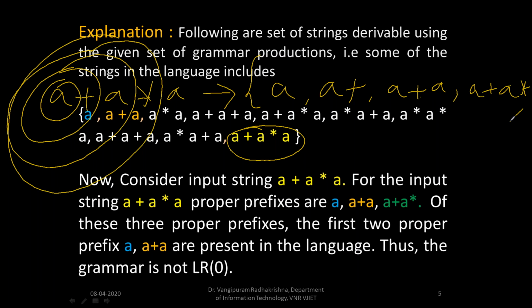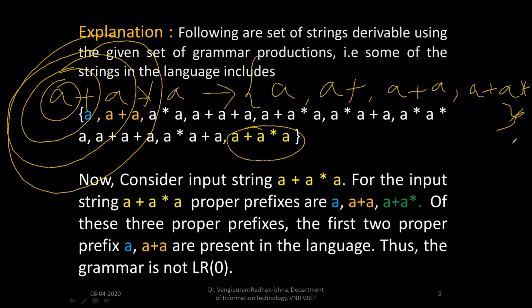Another possibility is the final string itself, A plus A star A. But if we include it, then we are including the same string itself. So don't include this particular string, because we are looking at proper prefixes. We are more bothered about subsets of the given string.